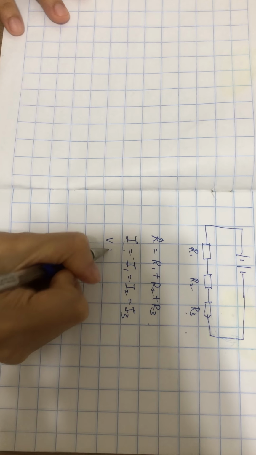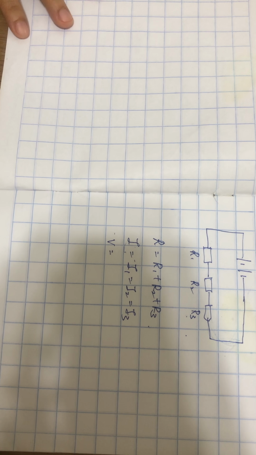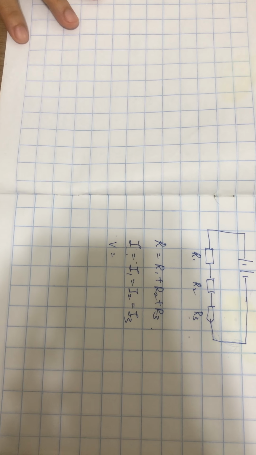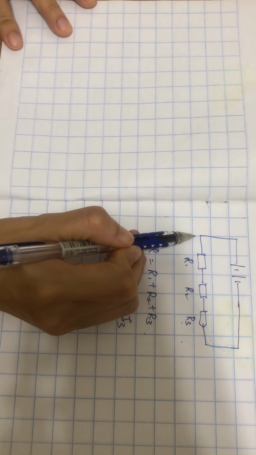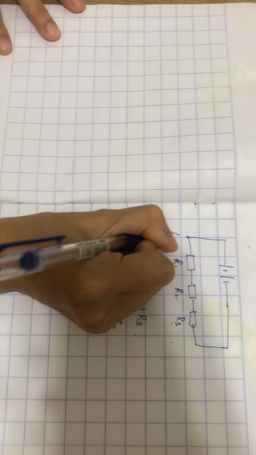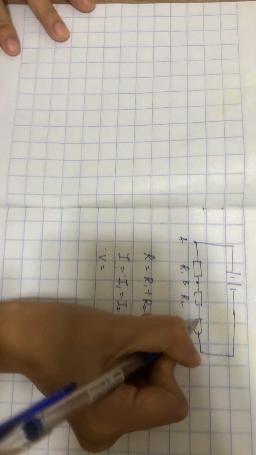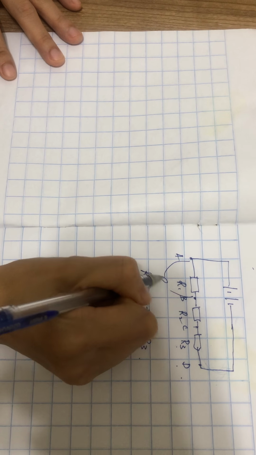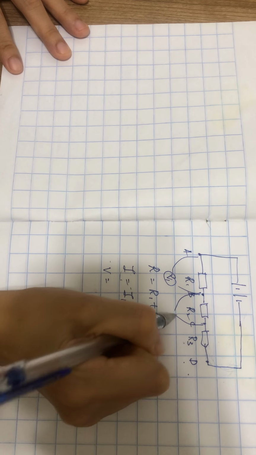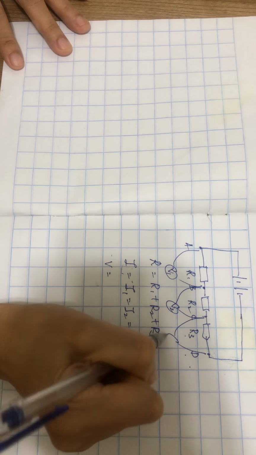So what is voltage? Voltage is energy, right? If you still remember, it's the breakfast that is taken by Jasper or Casper. So the energy needed to move from A to B to C to D, let's say this one is V1, this one is V2, and this is V3.